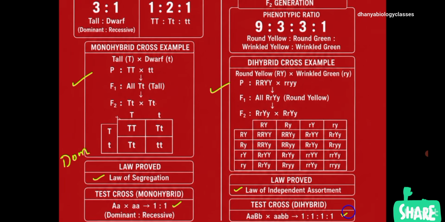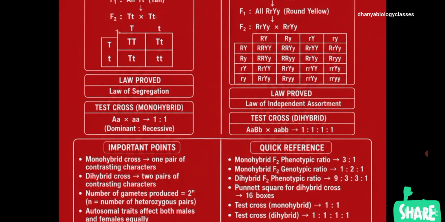Okay. Let's conclude. Monohybrid cross is the study of one pair of contrasting characters, while dihybrid cross studies 2 pairs of contrasting characters. The number of gametes produced follows the equation 2^n, where n is the number of heterozygous pairs. Monohybrid F2 phenotypic ratio is 3:1, monohybrid F2 genotypic ratio is 1:2:1, and dihybrid F2 phenotypic ratio is 9:3:3:1.